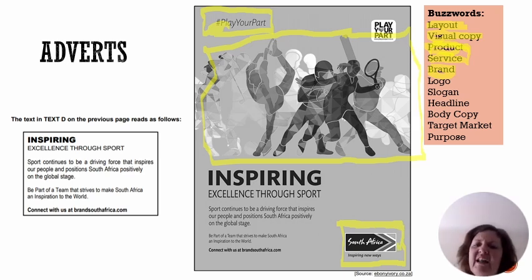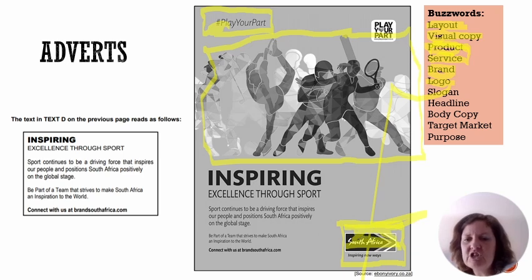And then while I've highlighted the particular brand we're looking at, we move straight onto logo. And I hope you know that the term logo actually means the picture that represents the organization. So that picture that represents brand South Africa is actually a bit of a deconstructed version of the South African flag. Do you see that?